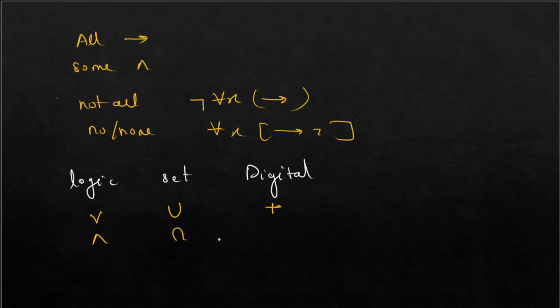AND is represented like this, and in digital AND is represented like this. True is represented like this. And here in set it is universal, and in digital it is represented like this. False is represented like this, in set false is this, and in digital it is 0.